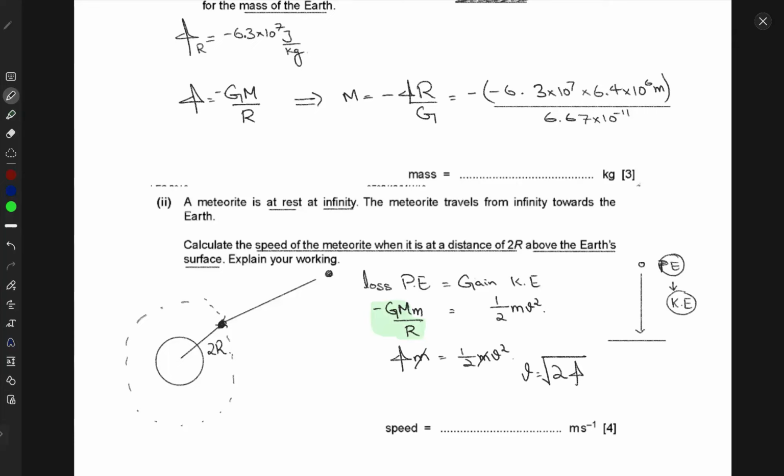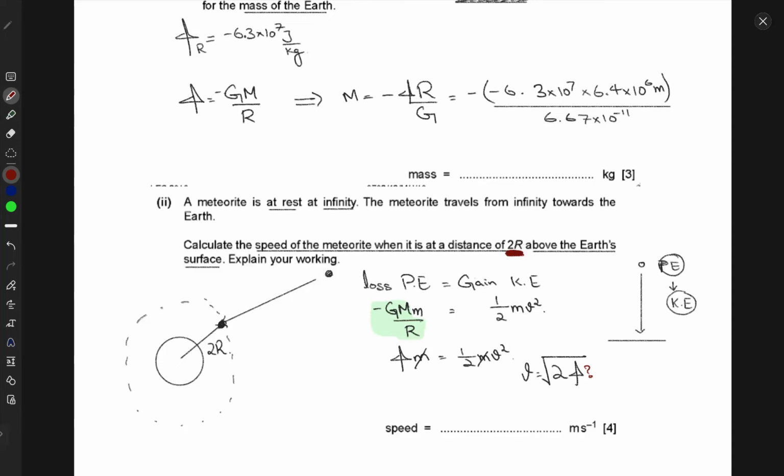Okay, so now the question is, what value of phi will I use? The answer is very simple. It comes from the question itself, because he's telling you at a distance of 2r, which means I need the value of potential at this distance.